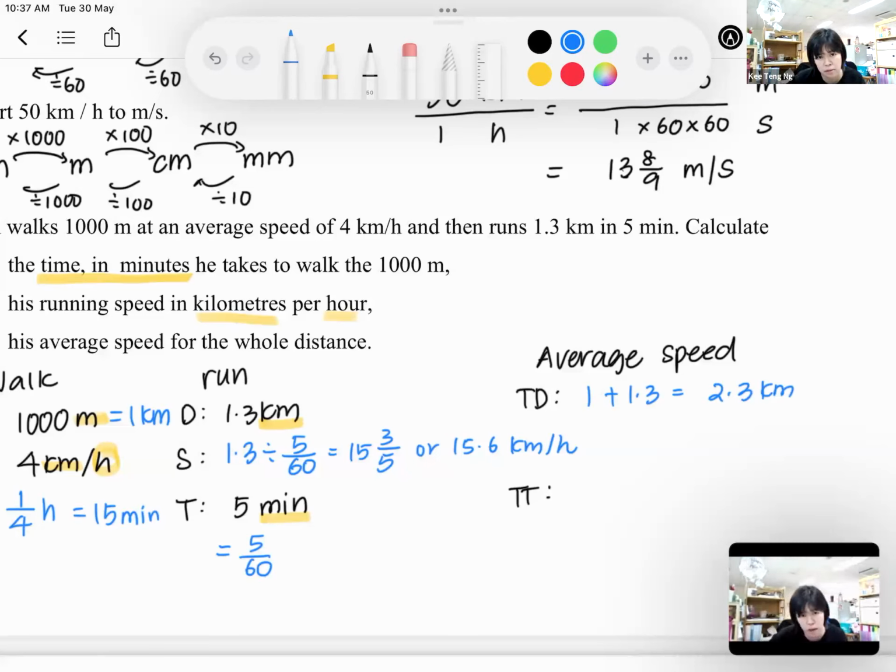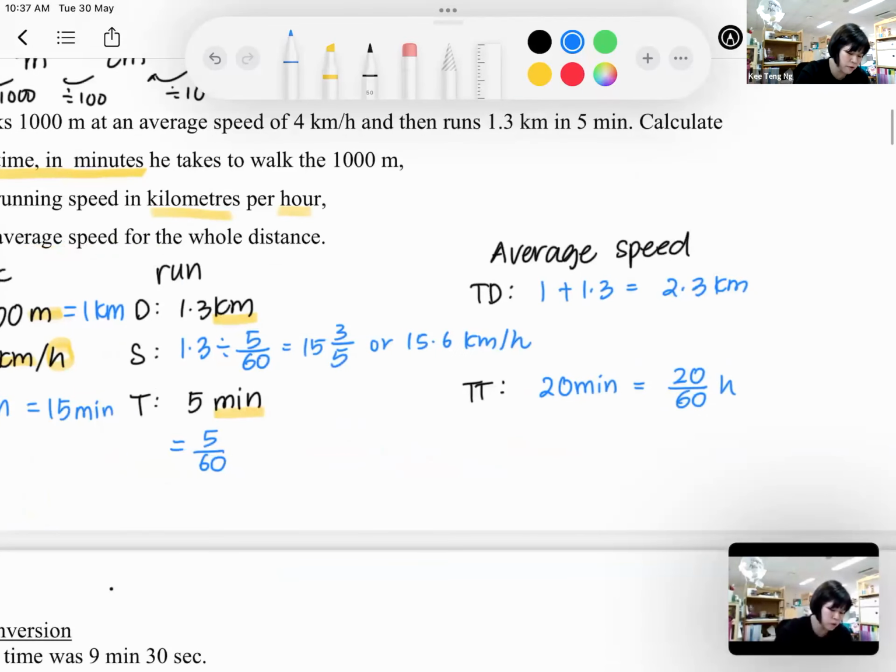If the question has time taken for rest, for breaks, or whichever, you must remember to add in the break time or the resting time as well, because it's the total time taken for the whole journey. Okay, so in this case, this is just 15 and 5 minutes. So that will give you 20 minutes. So 20 minutes, I will change it to 20/60 of an hour.